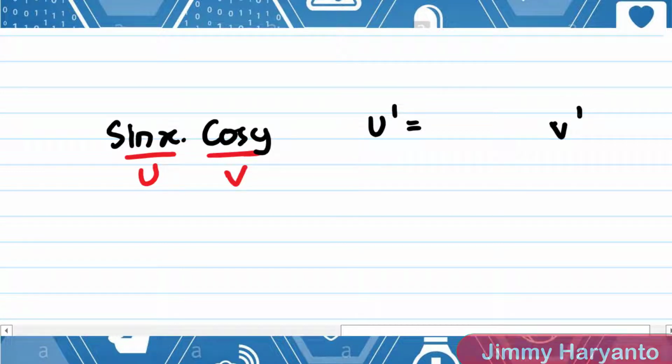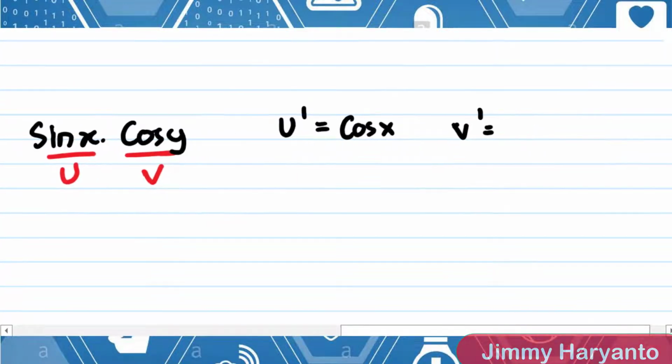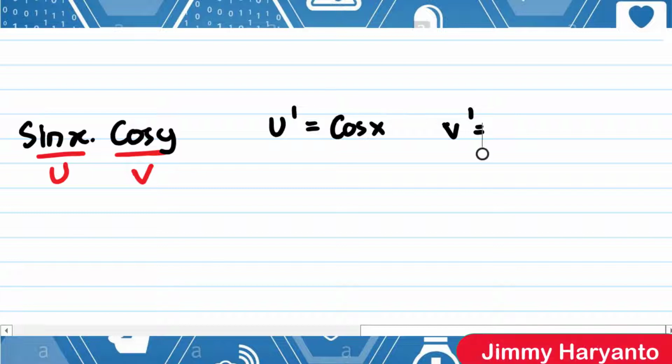For the u accent, you will differentiate sin x differentiated into cos x, of course. But for v accent, be careful, we have y inside of the cos. So first you have to differentiate the cos. The cos will be negative sin y, and then times it again with the differentiation of the inner function. The inner function is y, right? So the differentiation of y is y accent.